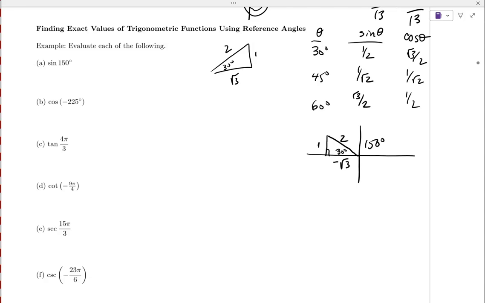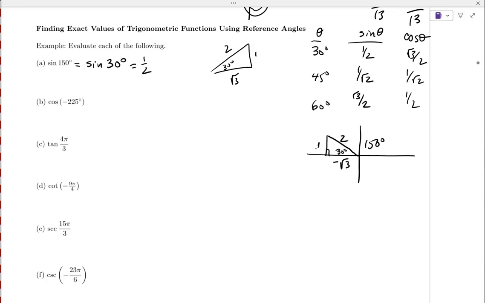Now I look at that, if I want the sine of 150 degrees, this will be the same thing as the sine of 30 degrees. Is it going to be positive or negative based on your reference triangle? Well, for sine, I do opposite over hypotenuse, it'll be positive, right? So it's still 1/2.